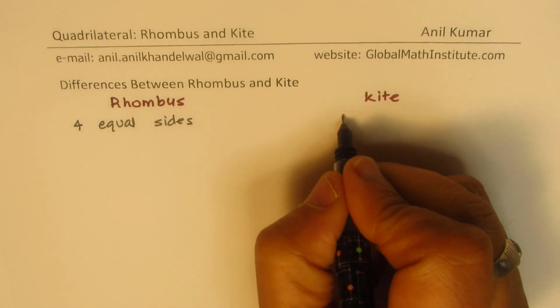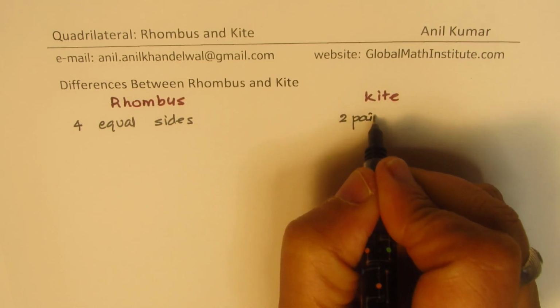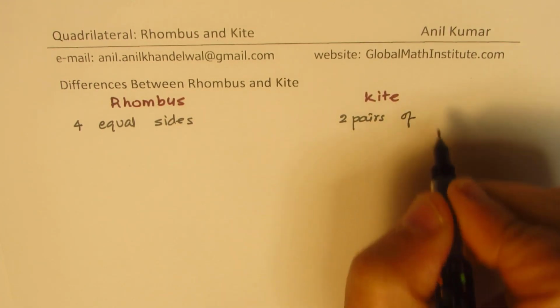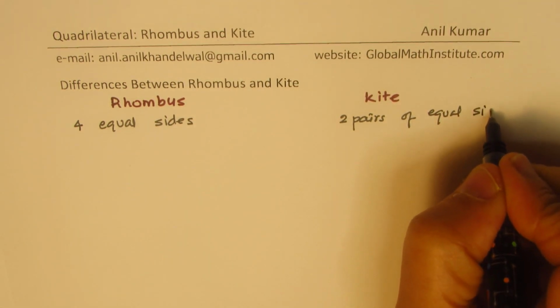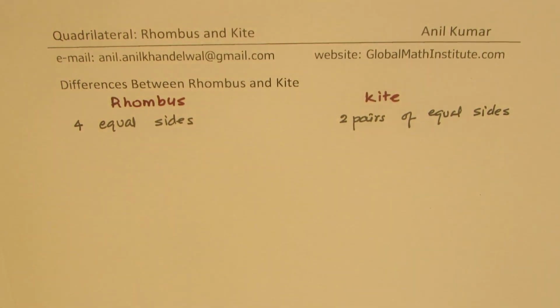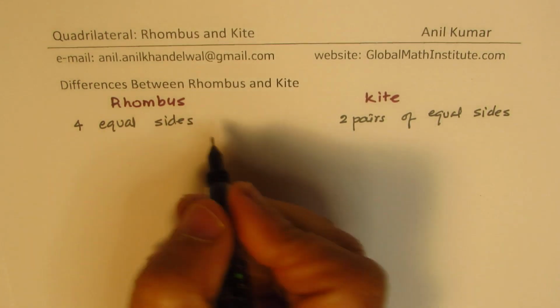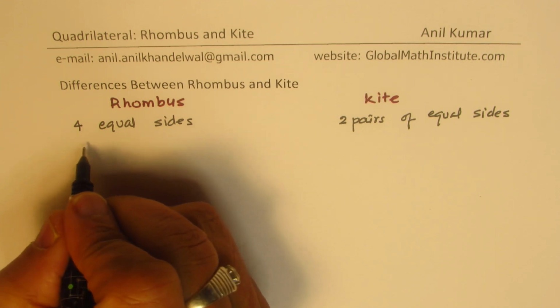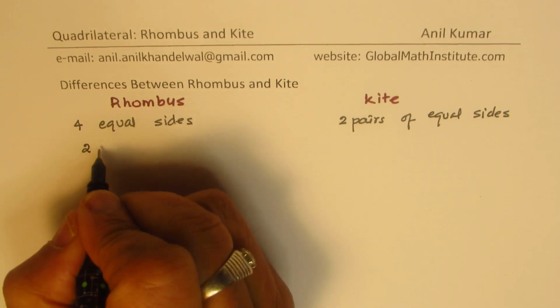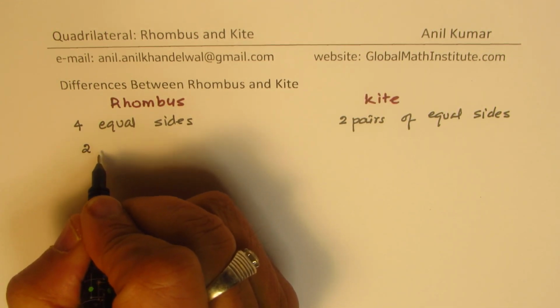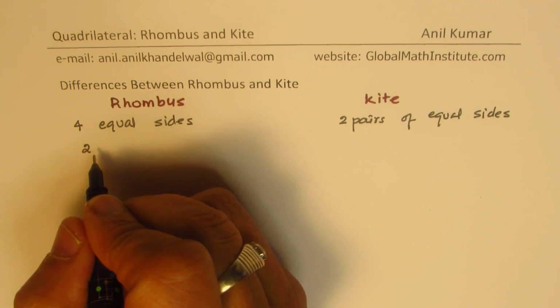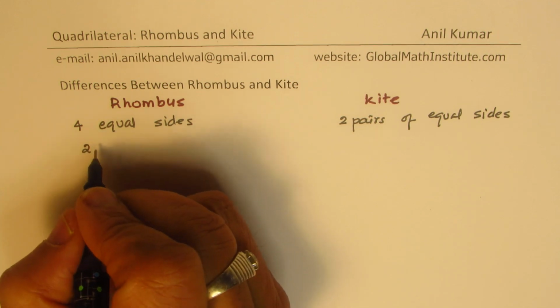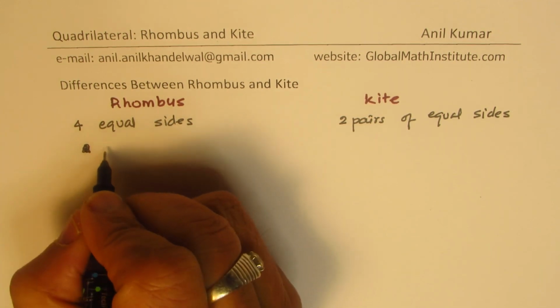Kite has 2 pairs of equal sides. Then as far as the diagonals are concerned, let's talk about rotational symmetry. The rhombus has a rotation symmetry, and we'll say order of symmetry is 2.